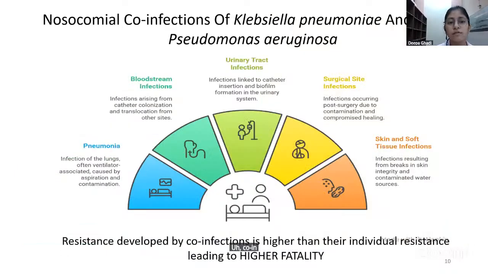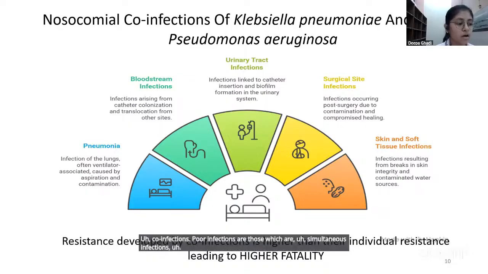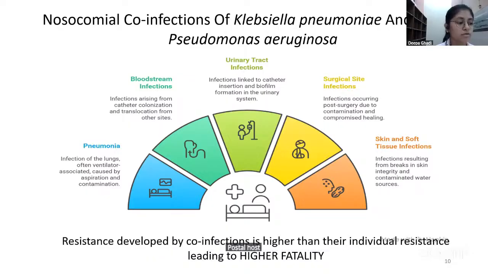Co-infections are those which are simultaneous infections caused to the host by multiple pathogens. Klebsiella and Pseudomonas can cause infections like pneumonia, bloodstream infections, UTI, surgical site infections, skin and soft tissue infections.